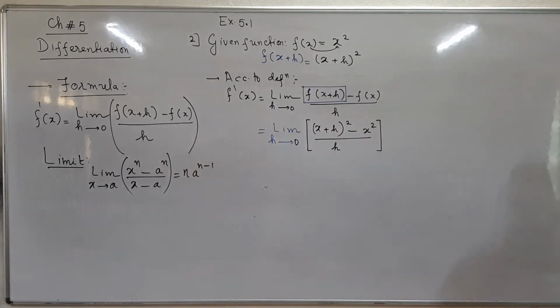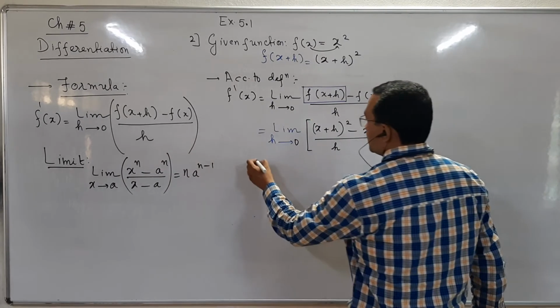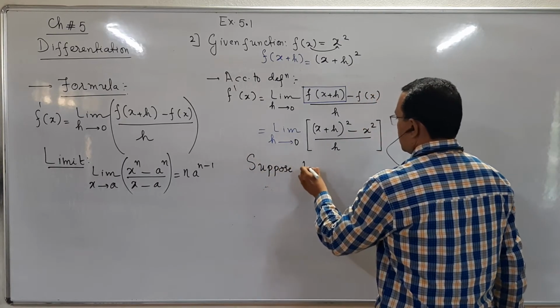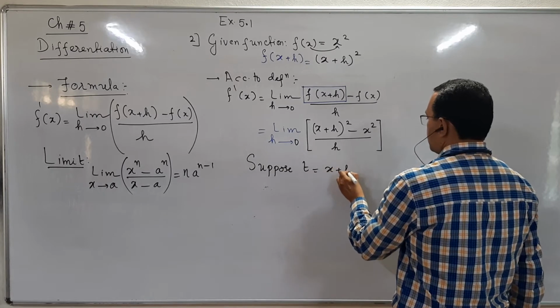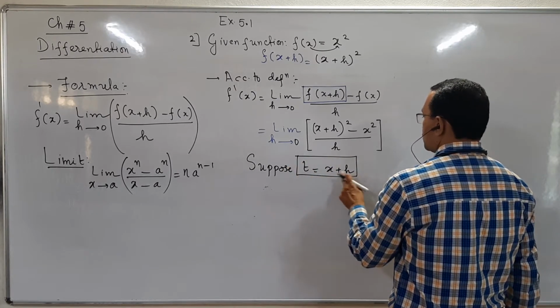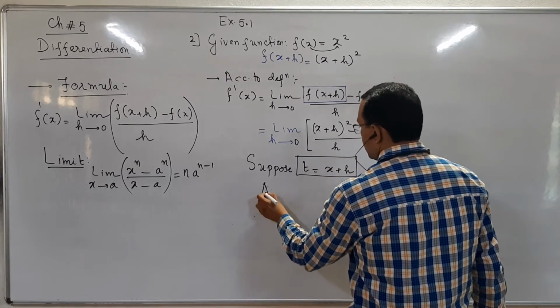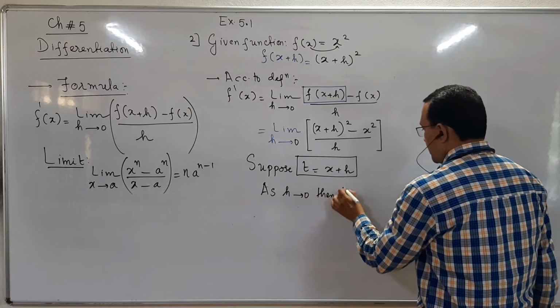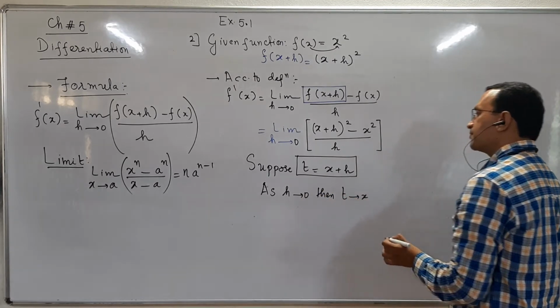So we are doing the method of supposition. Suppose t is equal to x plus h. We have already done this in limit. As h tends to 0, t tends to x.